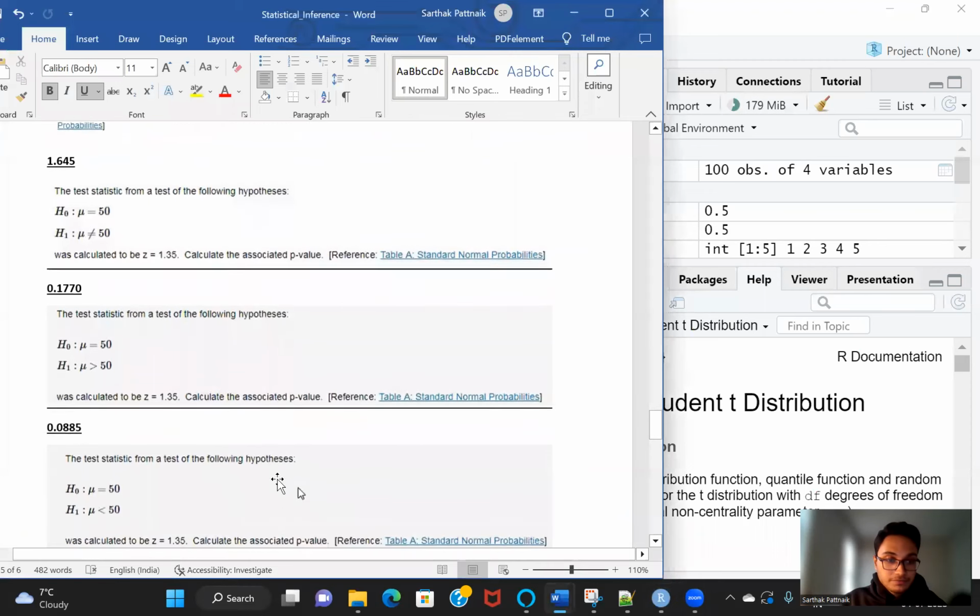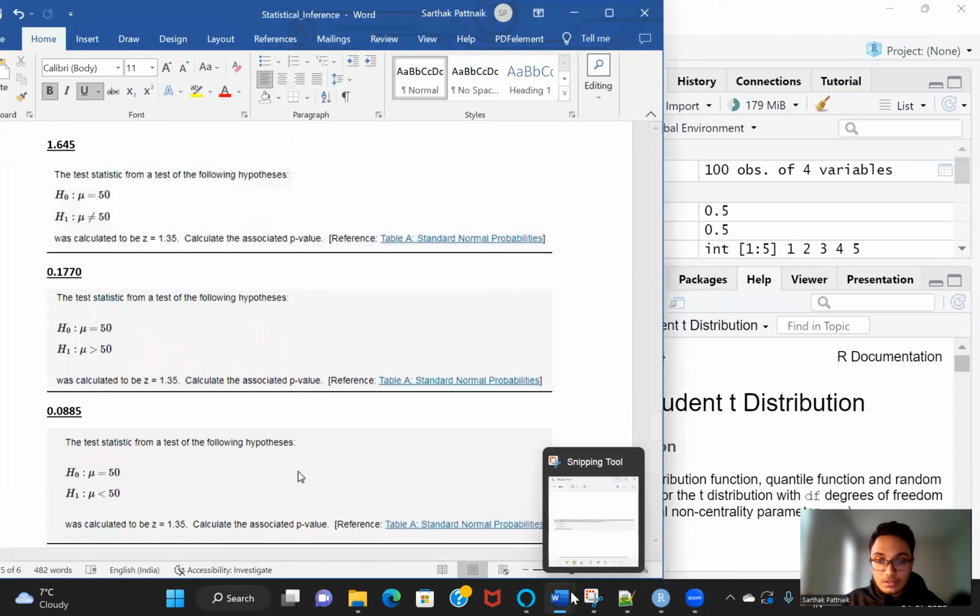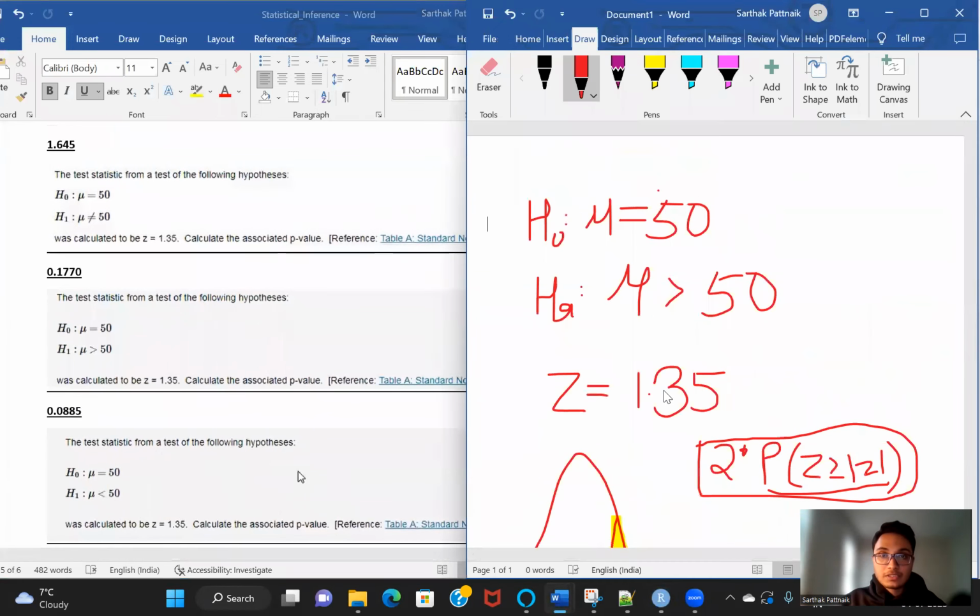For the next question, again, we have the same question, but this time there is a change in the alternate hypothesis once again. So this time my alternate hypothesis is mu less than 50.